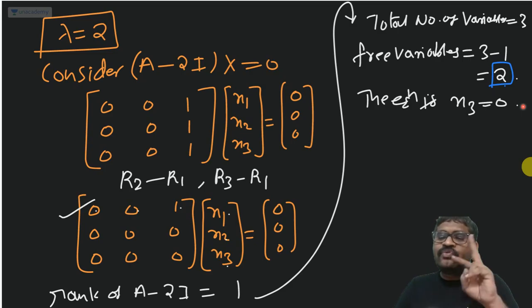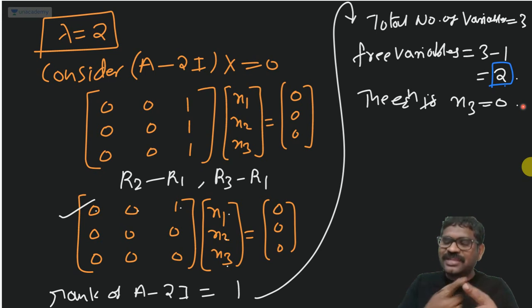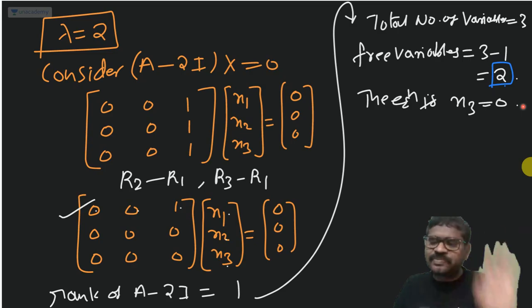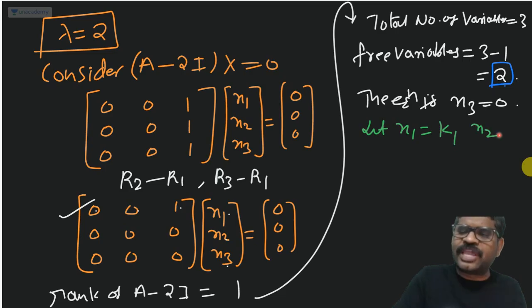So the two free variables are nothing but x1, x2. Since you have two free variables, I am taking one free variable as k1 and another as k2. Let us take x1 equal to k1, x2 equal to k2.